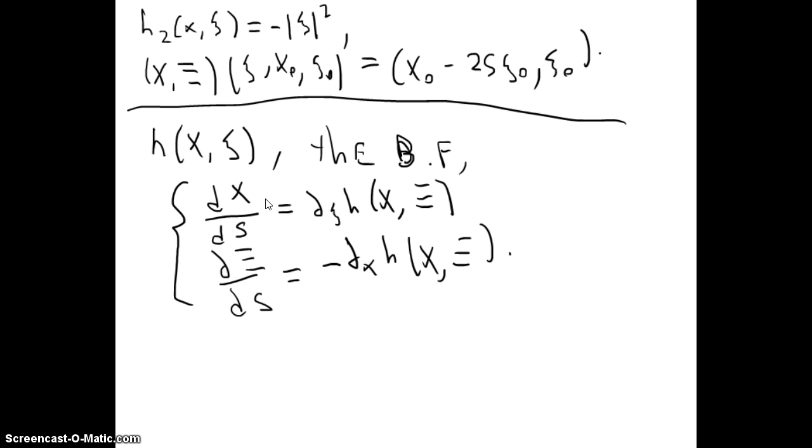Okay, so this is the bicharacteristic flow for a general symbol h of x and xi.